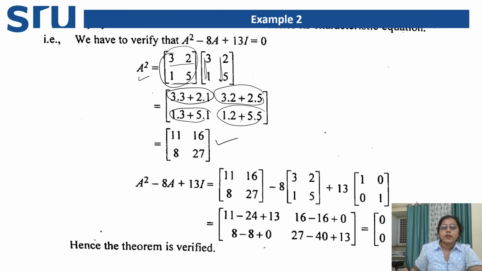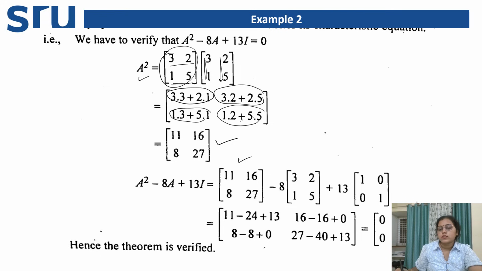Then simply you have to put A square minus 8A plus 13I. This is your A square, right here A square minus 8, and A is nothing but your given matrix. So you write A here plus 13I, and here I is the unit matrix, so simply write 1 0 0 1. Then do the calculation.